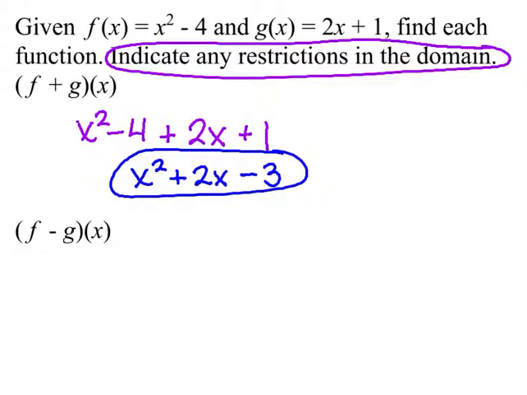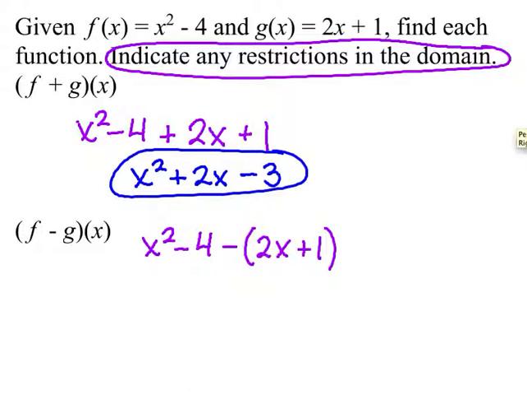Okay, so on the next one it says f minus g of x. I'm going to do the exact same thing I did in the previous problem, except instead of adding, I'm going to subtract. The only thing I need to worry about here is distributing the negative sign.